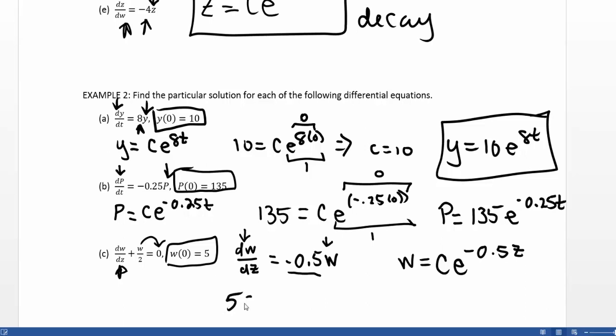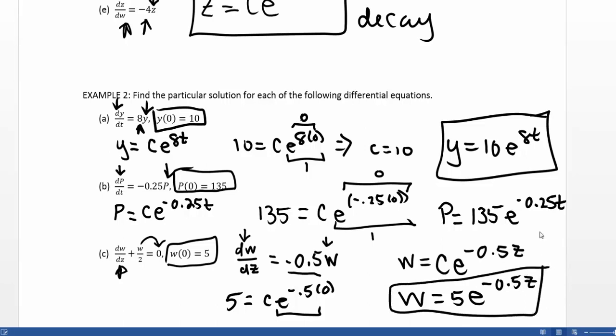So we have 5 equals CE to the negative 0.5 times 0. So that tells me that C equals 5. So my particular solution is W equals 5e to the negative 0.5 z. So this one had an extra step because it wasn't quite in the same form as the others. Sometimes you have to move a couple things around to realize what form it's in to be able to solve. Let's look at another example.